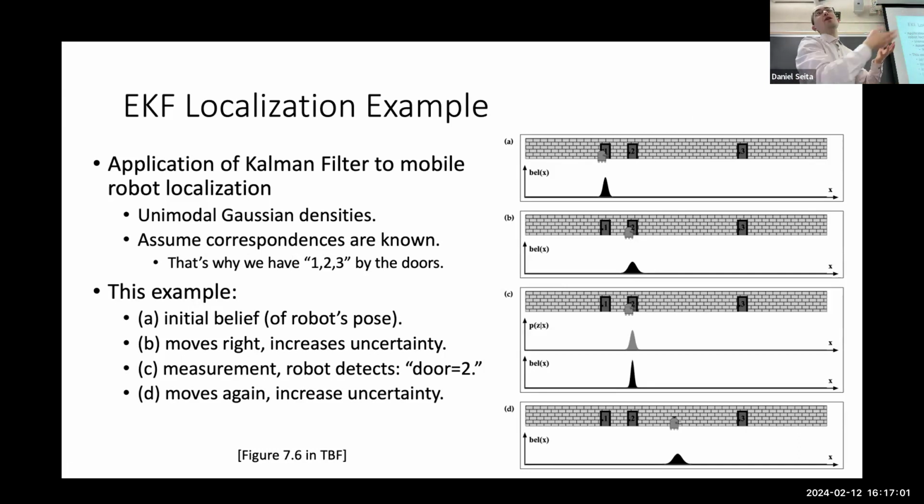In practice, you might not know what it is, so that adds another degree of difficulty. We're going to save that for something else, maybe. So for today, we'll assume correspondences are known. So we assume that the robot is facing this door, this is door one. Yeah. If it wasn't known, you would have to come up with new random variables that describe your distribution of what you think this door is.